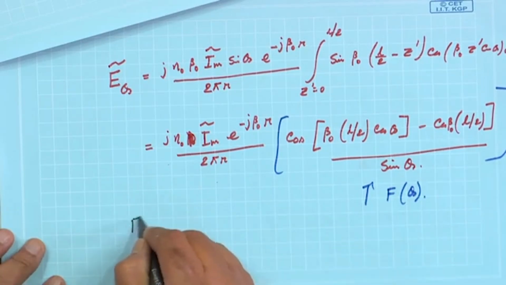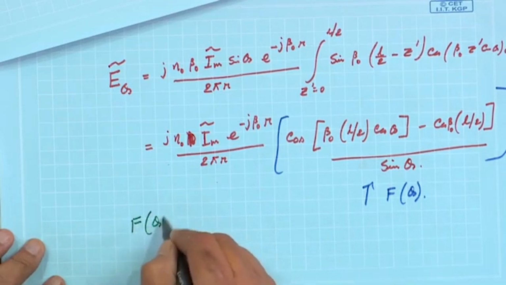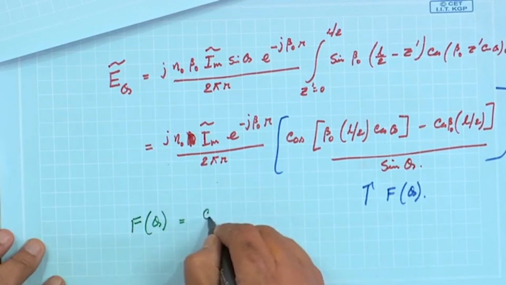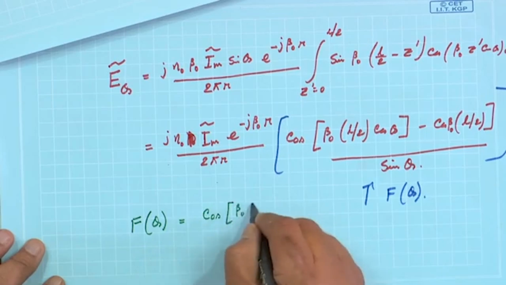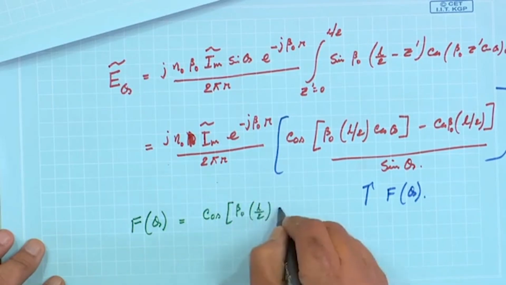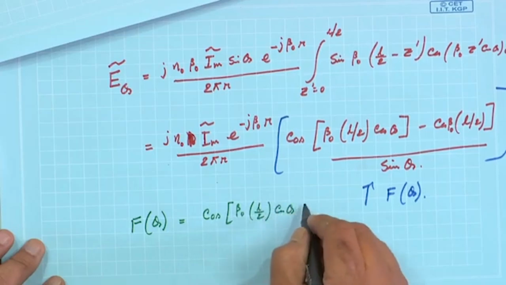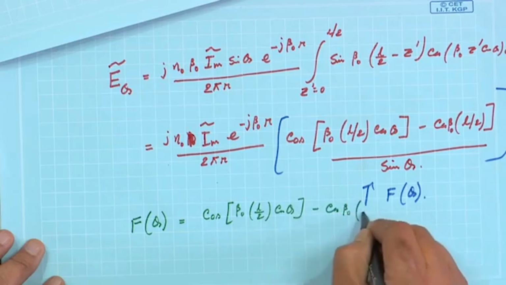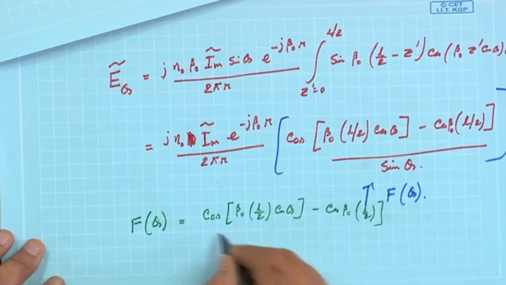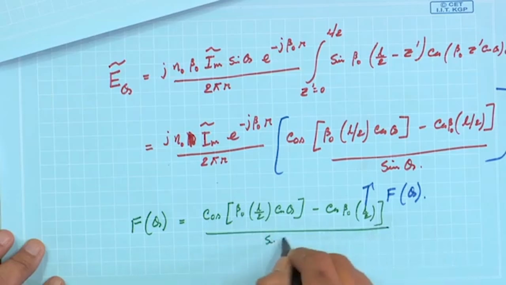Let me write that: f theta is cos of beta naught L by 2 cos theta minus cos of beta naught L by 2, divided by sin theta.